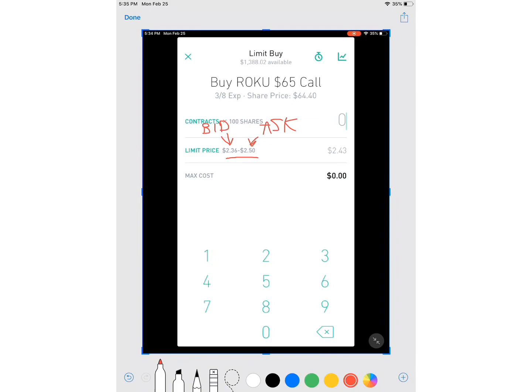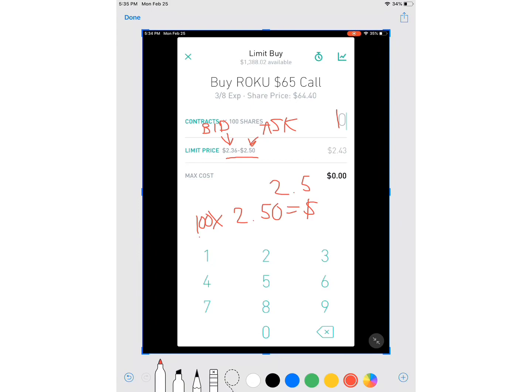So I would want to buy one contract for 2.5. What that is saying is one contract would be times 100 shares. So it would be 1 times 2.5. $2.50 will equal $250. Well, 100, right?